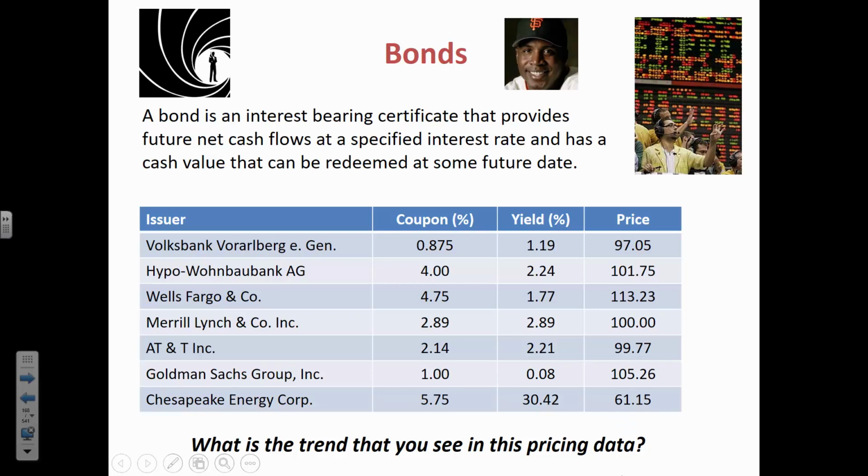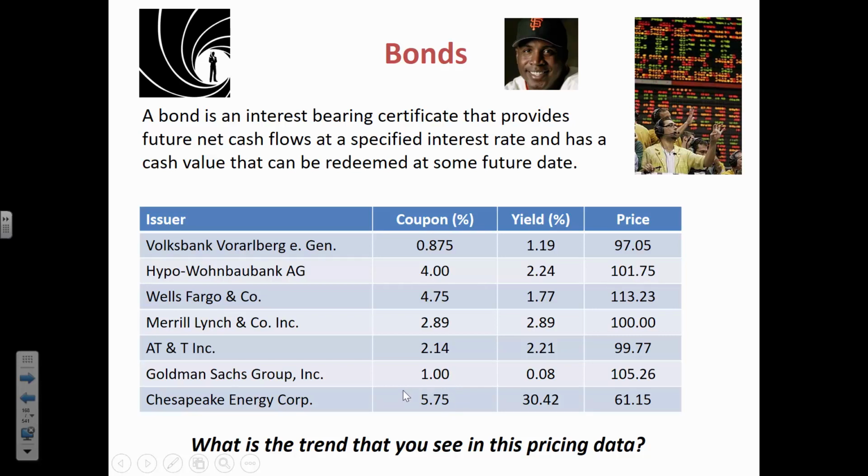So I think that's probably what's happening with Chesapeake Energy, that there's a risk that they won't be able to pay back the interest that they originally promised. They originally promised 5.75%.